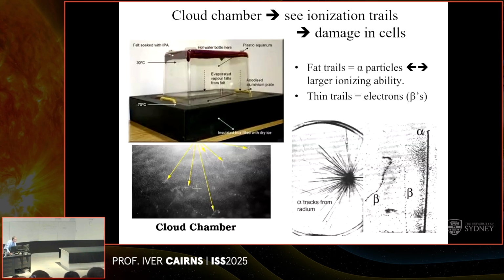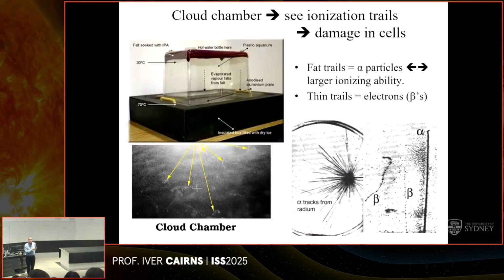Here's one trail here, some other ones. These are energetic particles moving out, giving rise to ionization trails and condensation, because they're giving up energy to the water, and then you get water droplets and a stream of them. And here's another view of it, where you might have a needle of radium sticking down into the region, and you get these energetic alpha particles moving out.